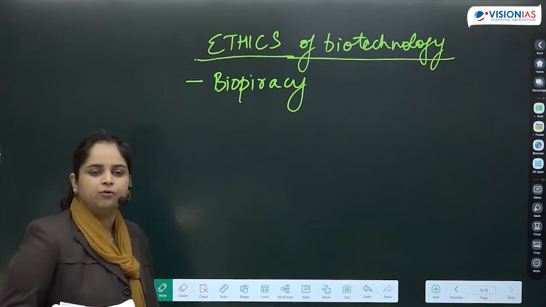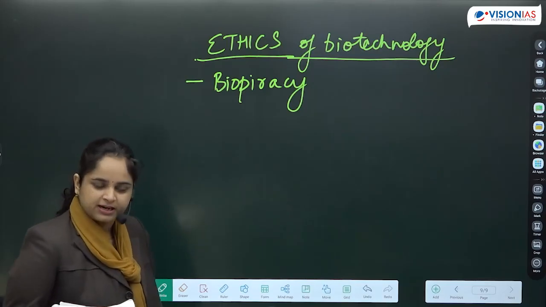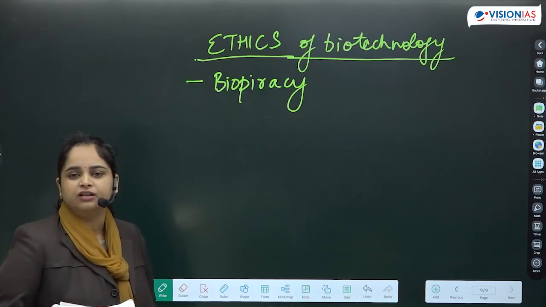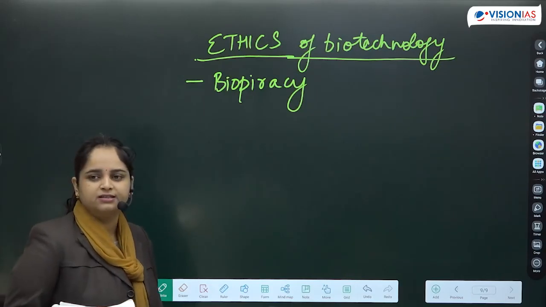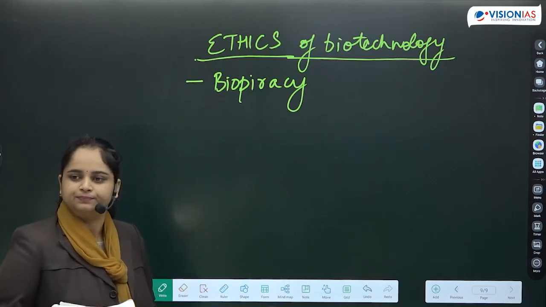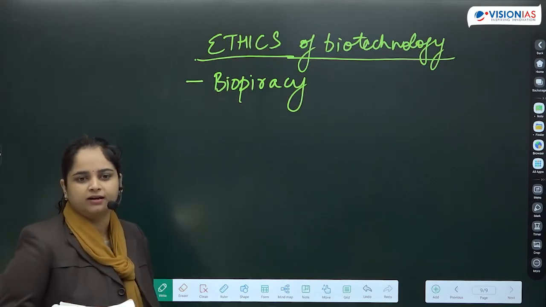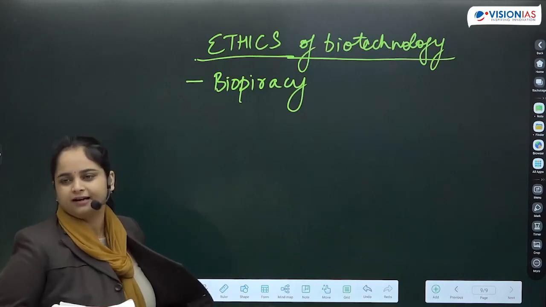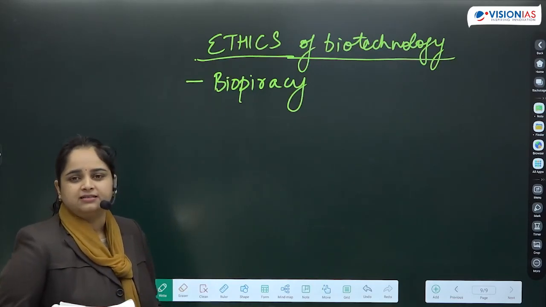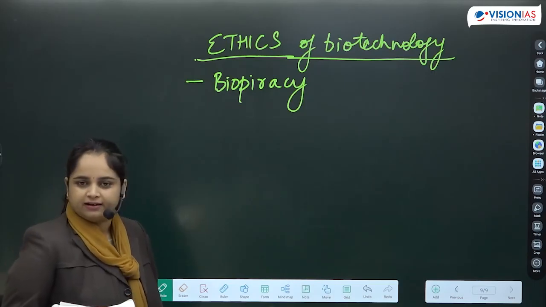Okay. Now what happens is an MNC comes, it does a genome sequencing on that rice, and it finds out that there is some protein in that rice which has very high amount of calcium. Okay, some product is there जिससे calcium बढ़ जाता है या something like that. Now what this company does is it goes and gets a patent on that.